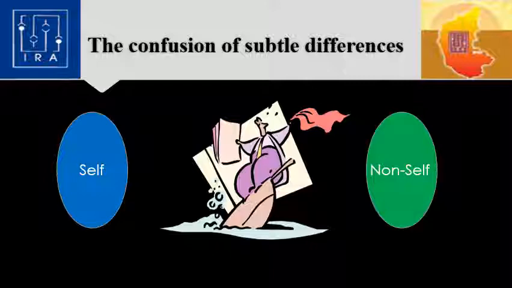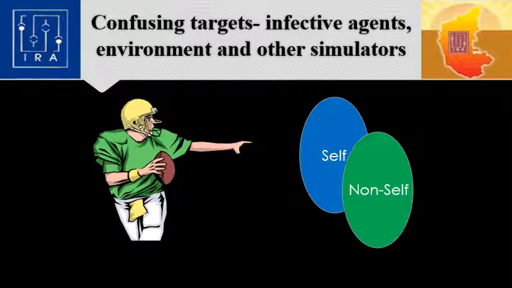The next possibility is a confusion in the targets. For example, the infective agents may have some protein which cross-reacts with another protein present in self.